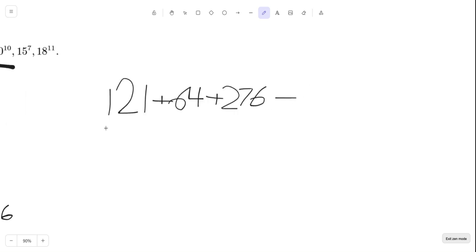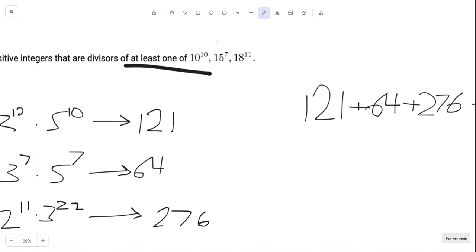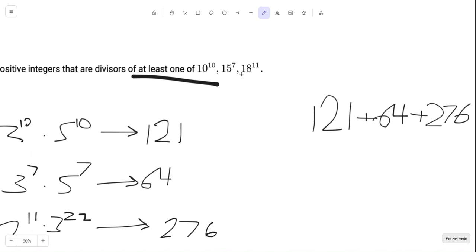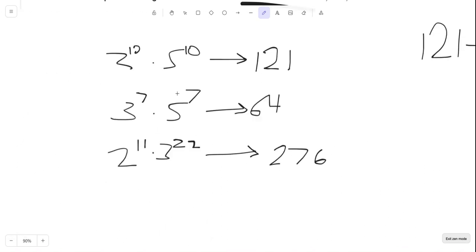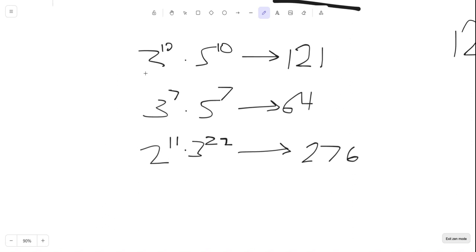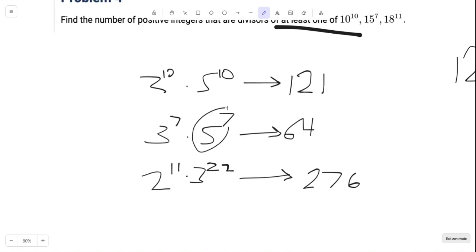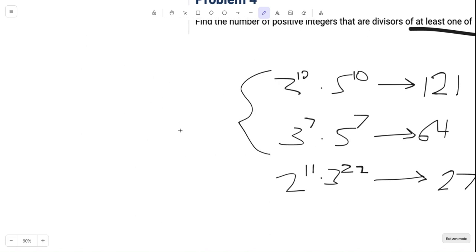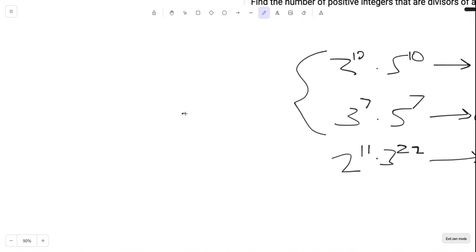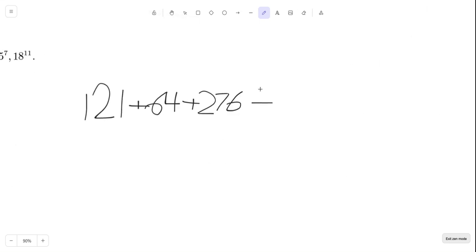And now we have to subtract the pairwise overcounts, like the number of divisors common to two of these numbers. Between these two, the only common factor is 5 to the 7. If you take the GCD of these two numbers, you get 5 to the 7, and that gives us 8 factors.